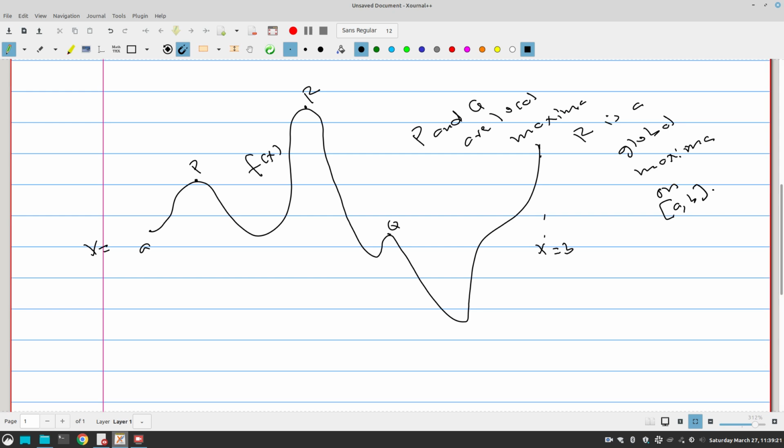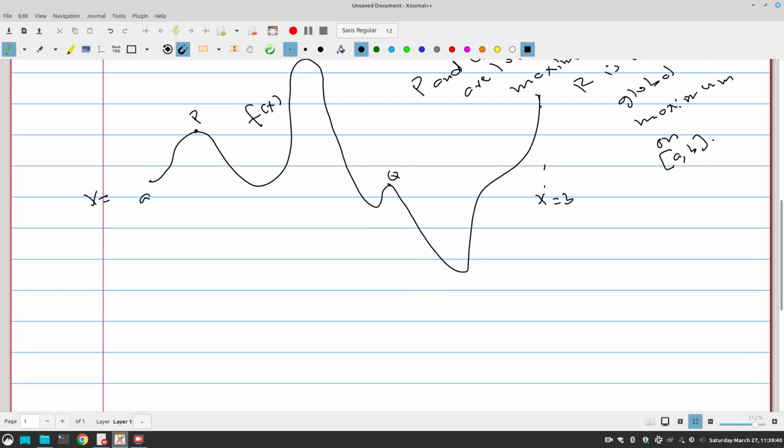What is a local maximum? Actually, maxima is the plural of maximum, so you should write this as a global maximum. The singular is maximum. Okay, so why is P a local maximum and why is Q a local maximum? A local maximum is a point for which you can build a range around it.